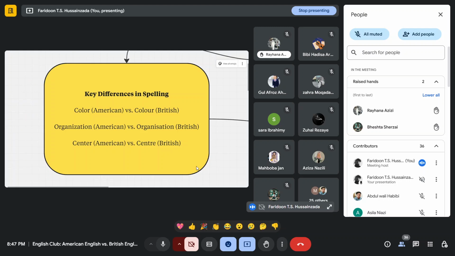So if you're going to write color without the U, don't use the IS version for organization, because that will signal to the person that you're mixing American and British. It may not really affect your score that much, but as a teacher myself, if I see that in a student, that is a mistake for me. That is something that I have to talk with the student about, and I will try to fix that.